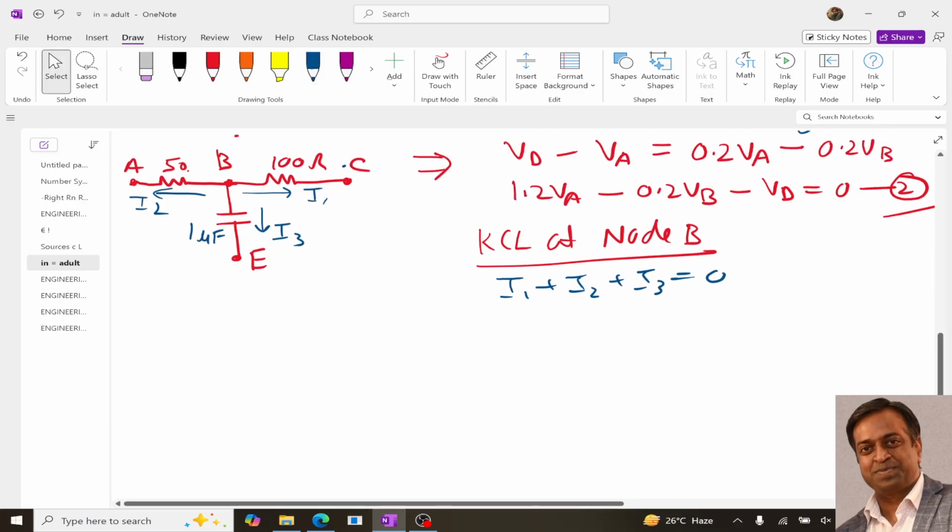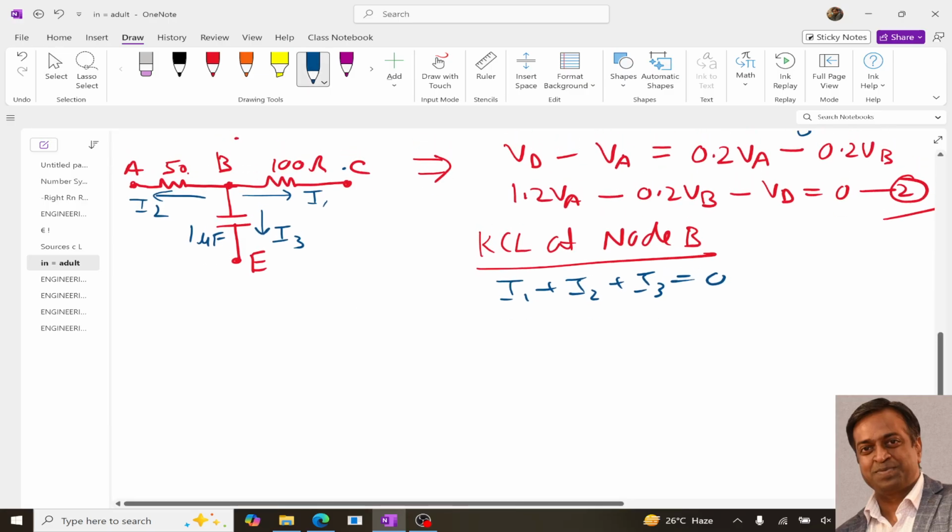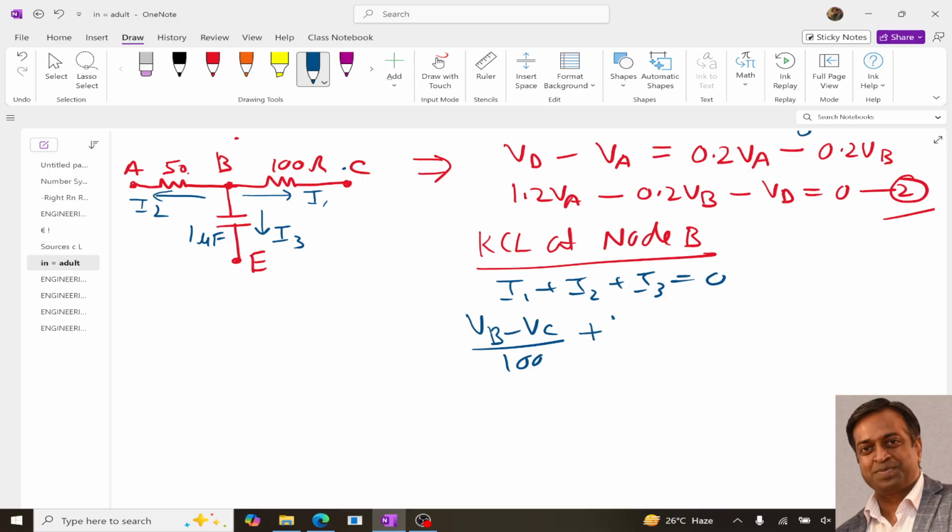So our KCL at B will be I1 plus I2 plus I3. Now I1 is from B to C, so it is (VB minus VC) upon 100. Then I2 is from B to A, so it will be (VB minus VA) upon 50. And then for the capacitor, we need to determine the current.